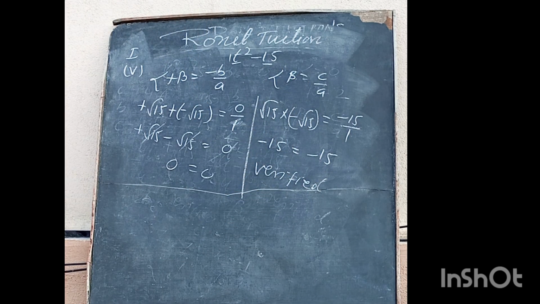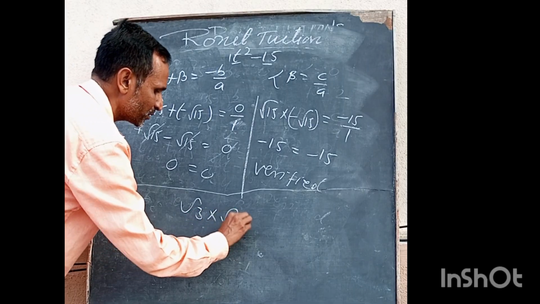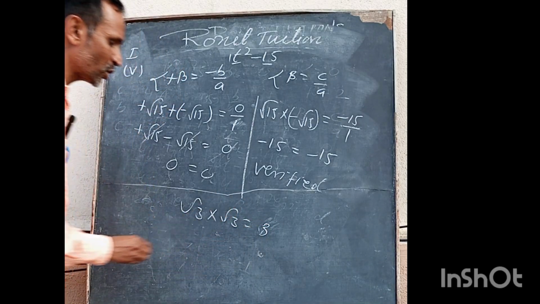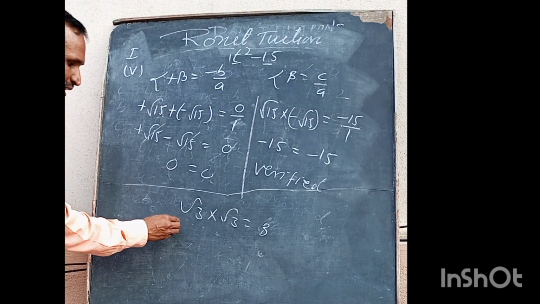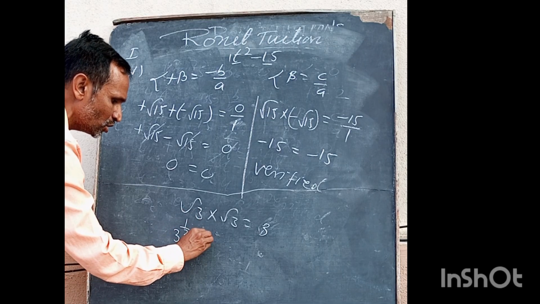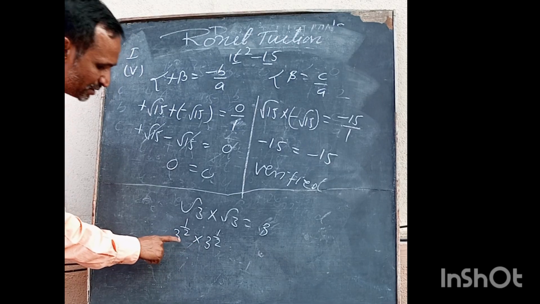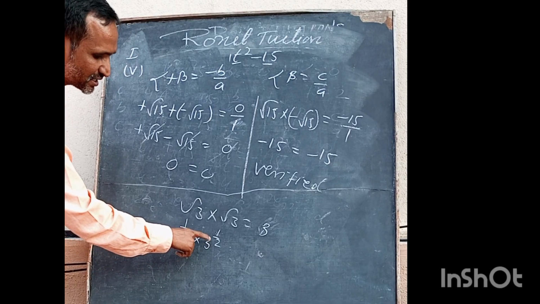Now this is the question, because root 3 into root 3 becomes 3 only. The roots cancel because of the powers. It can be like this also. Root 3 means we can write 3 to the power 1 by 2 into 3 to the power 1 by 2. In multiplication, when the bases are the same, the powers are added.